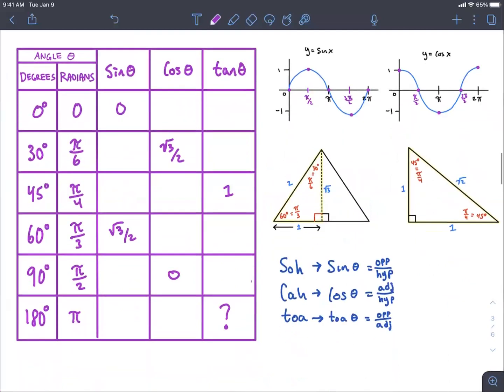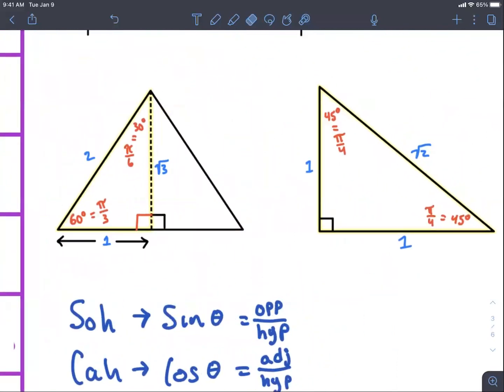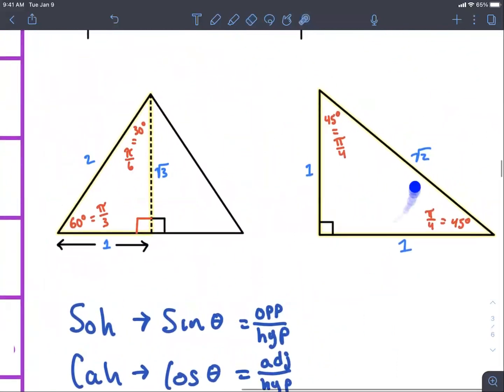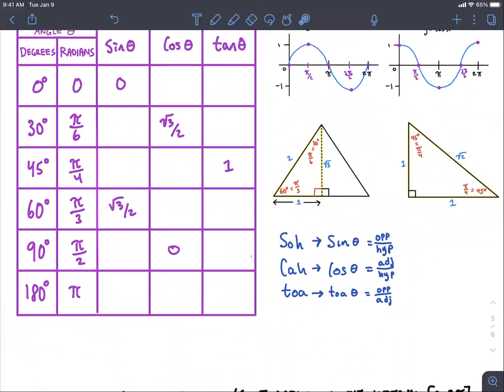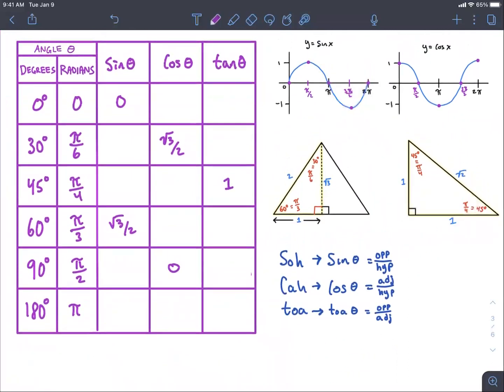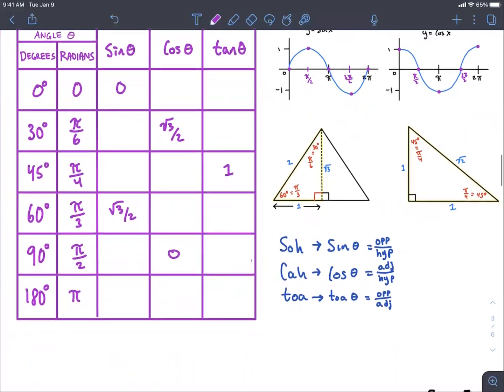And then the tangent of pi. Again, using one of these diagrams is not very helpful, but it can be helpful in this problem. So you remember that tangent is defined as the sine over the cosine. Okay, so what I need to do is find the sine of pi and the cosine of pi.